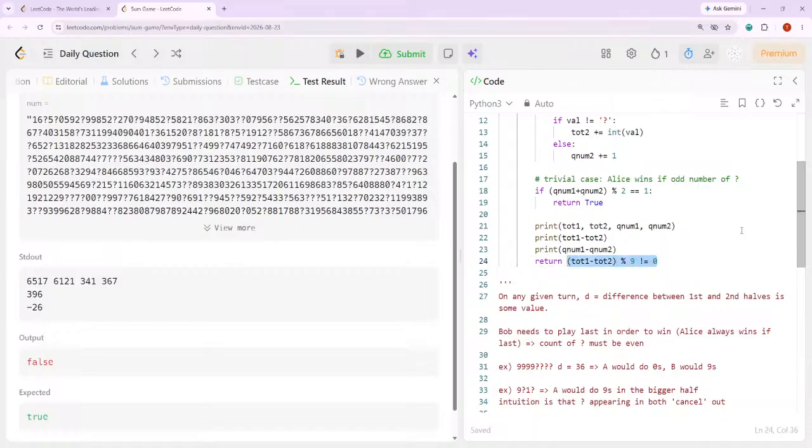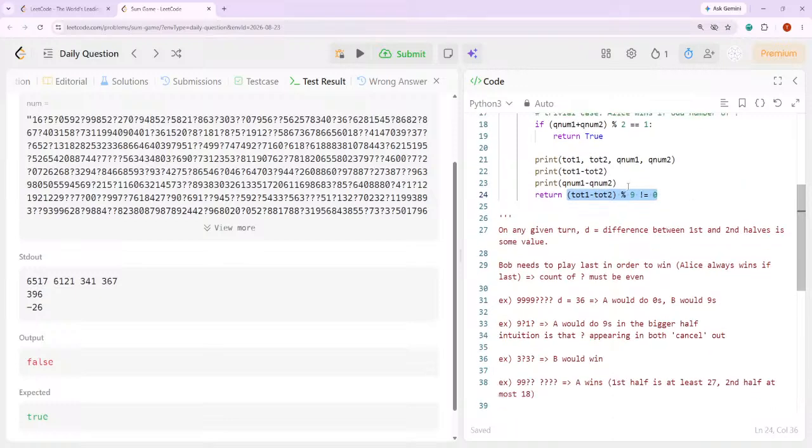Maybe I just guessed this logic. It has to be comparable to 9. 26.